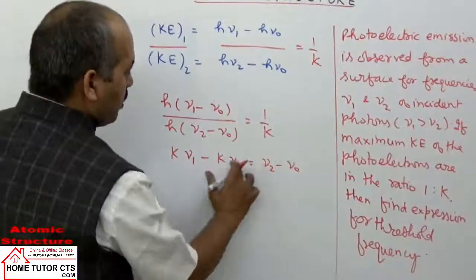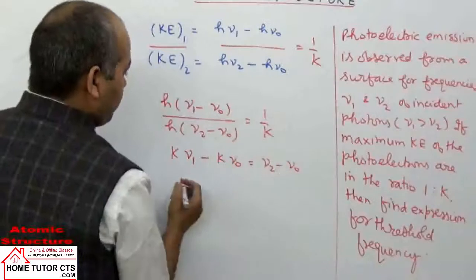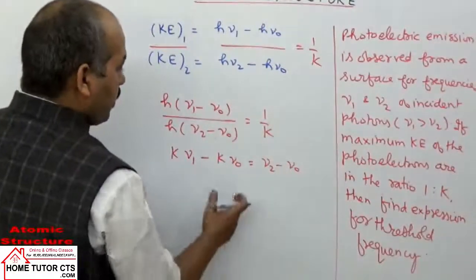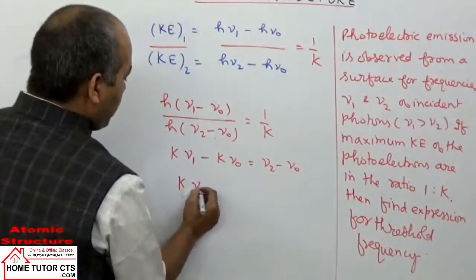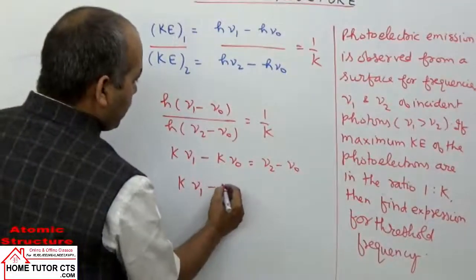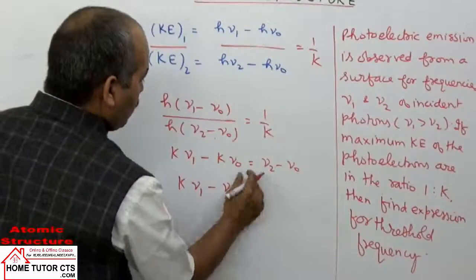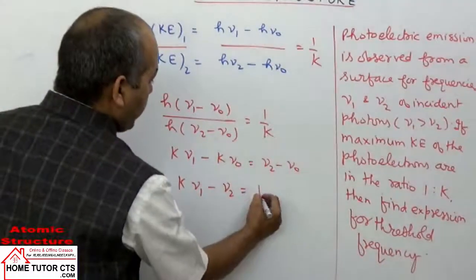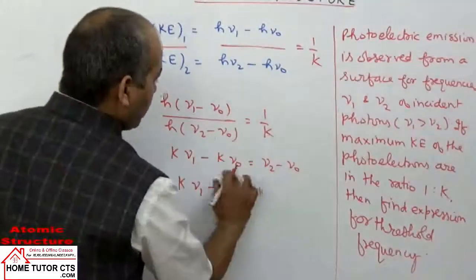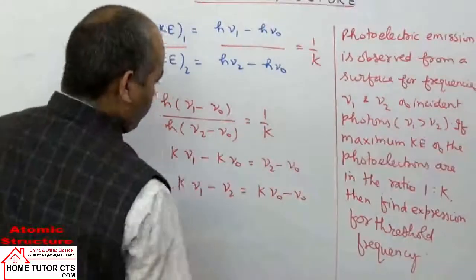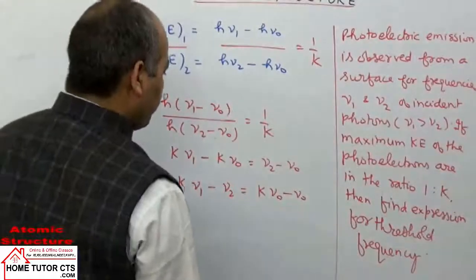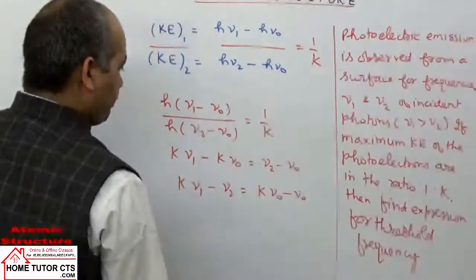So I can bring these terms on the same side. Given nu1 is more than nu2, we can take k nu1 minus nu2 is equal to k nu naught minus nu naught.